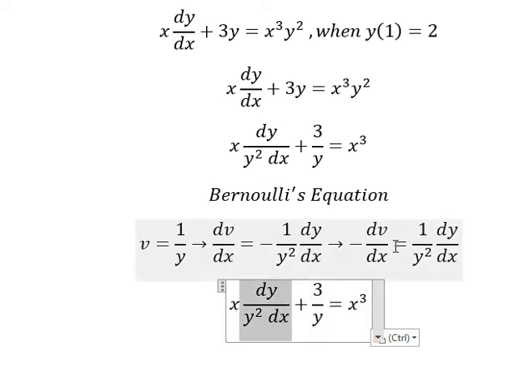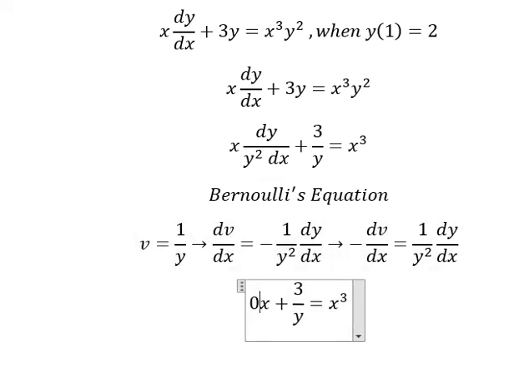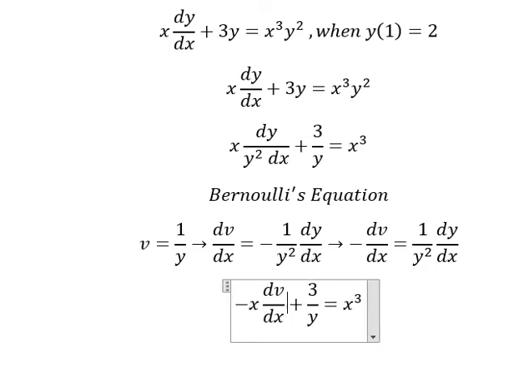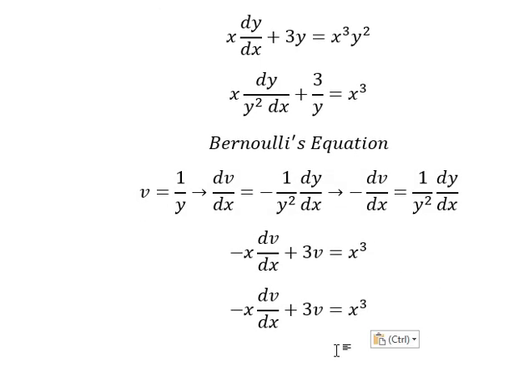So this one we change by this one. This one we change by v. Next, we divide both sides by negative x.